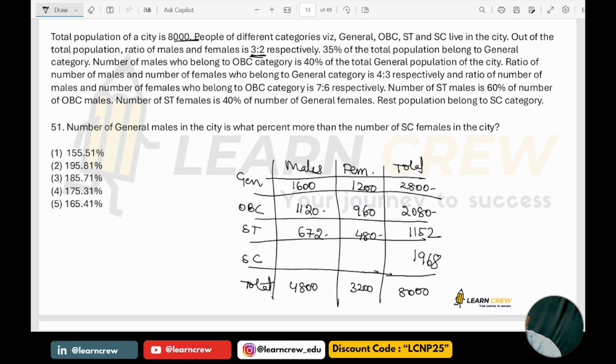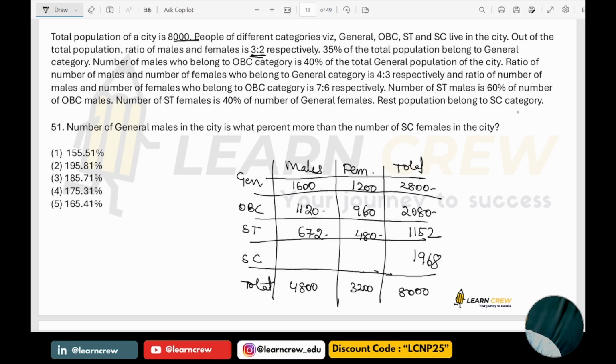The rest of the population is the SC category. Is there anything mentioned about the SC category? Please see. 35% of the total population, the number of males who belong to the OBC category 40%, the ratio of males and females in the general category, the ratio of males to females in OBC, the number of ST males 60%, the number of ST females.